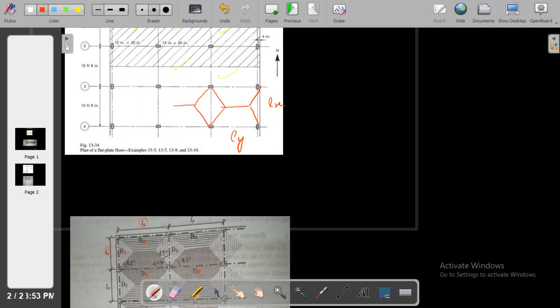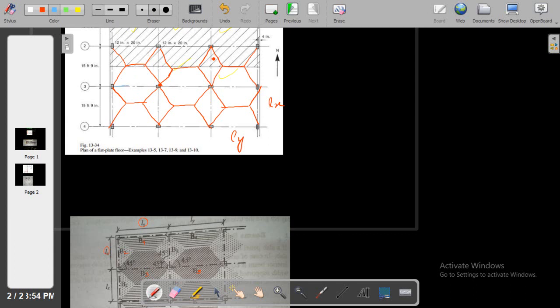Similarly here, and over this panel. So this kind of mechanism you can see here.